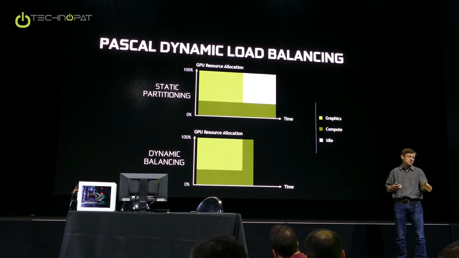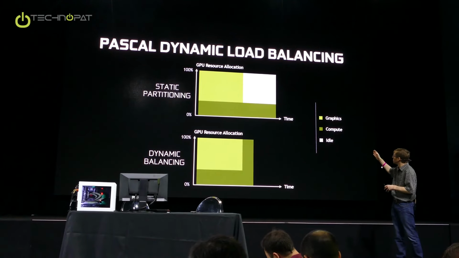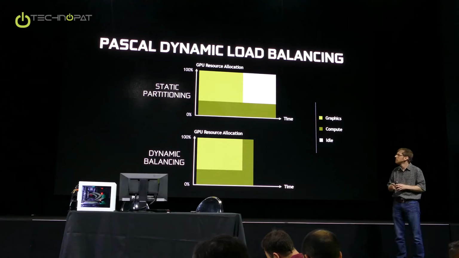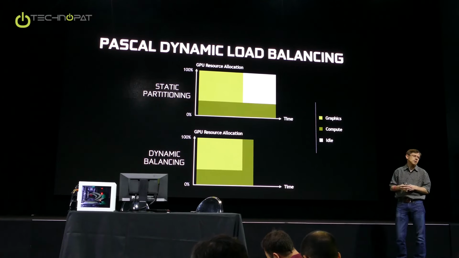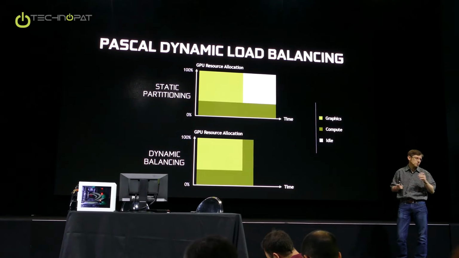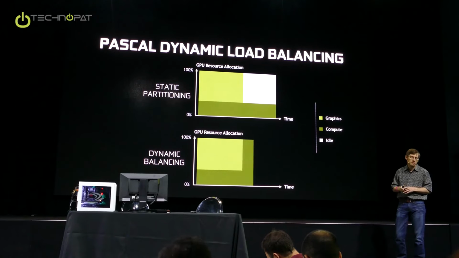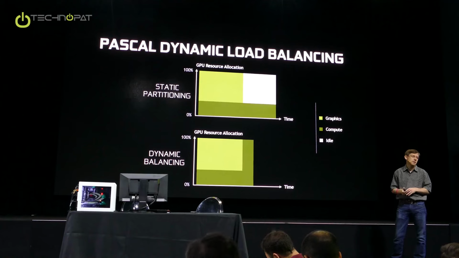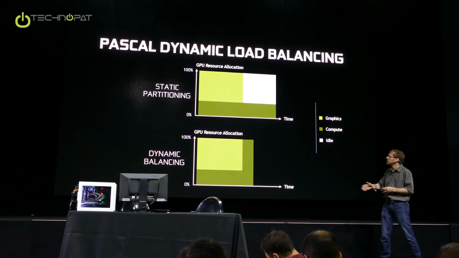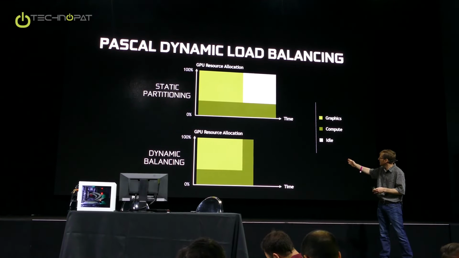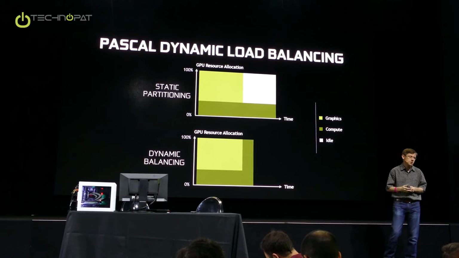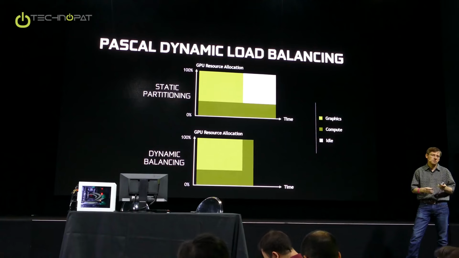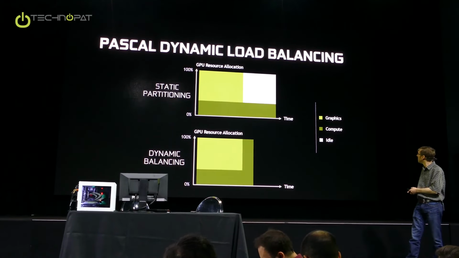So in this example where you had graphics work and we said we think a good balance might be 25-75, but hey, there's no graphics work coming in here, why don't we let the compute work take over more of the machine? So now we can fill that in, and you don't have that extra time at the end. You get the benefit of the overlap in the beginning, and then in the end you can fill the whole machine up like you want to. So that was the first change we made for async compute in this generation.